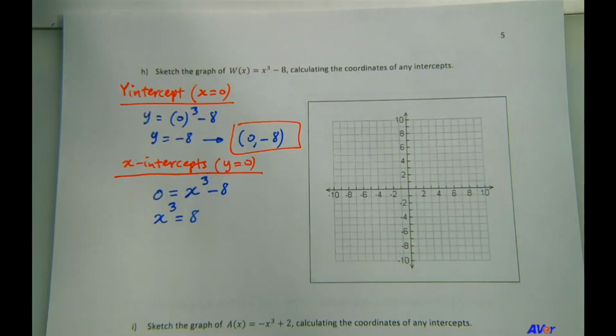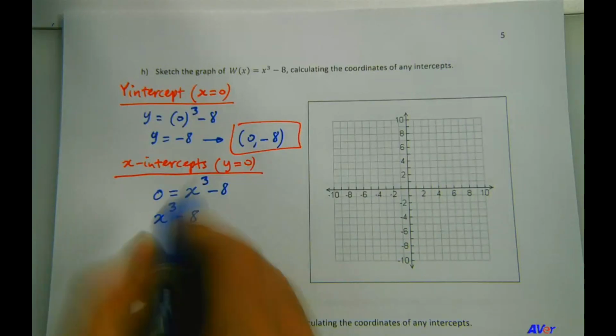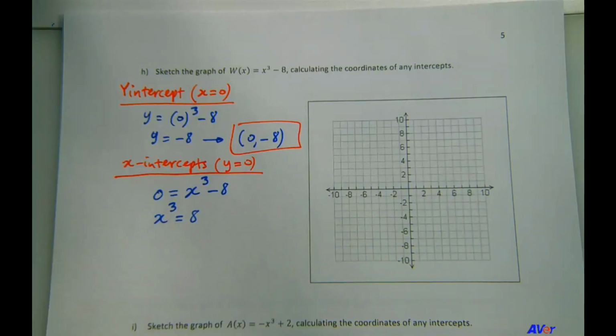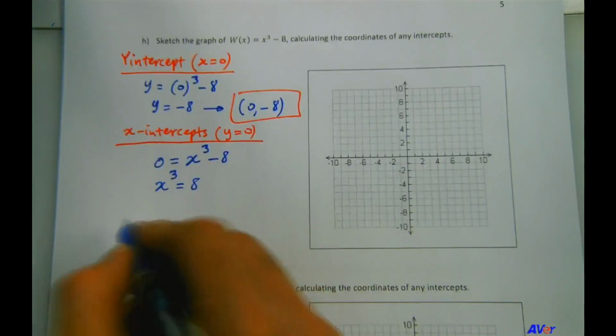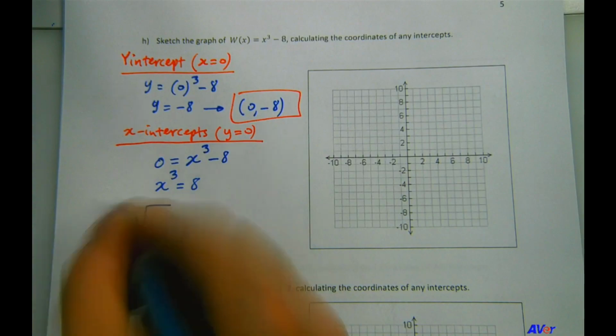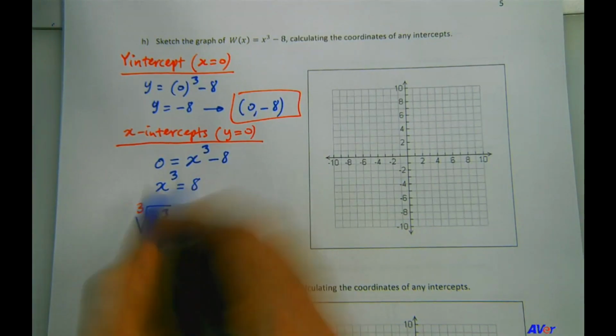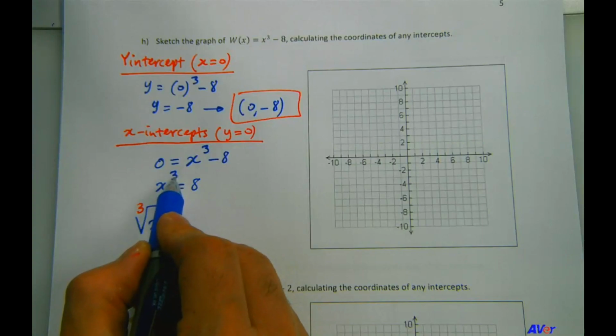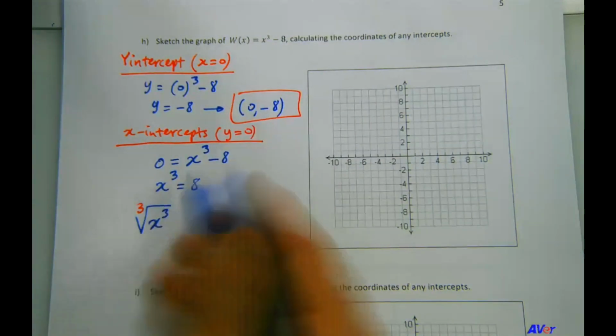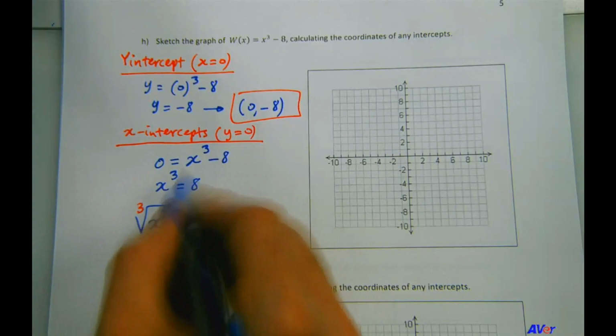The plus or minus root of something, which is the extension of the square root property, happens only if we have to take an even root of both sides. So in this case, let's just take the third root of both sides. So we take the root that is equal to that power. Otherwise, we won't be able to cancel that power.